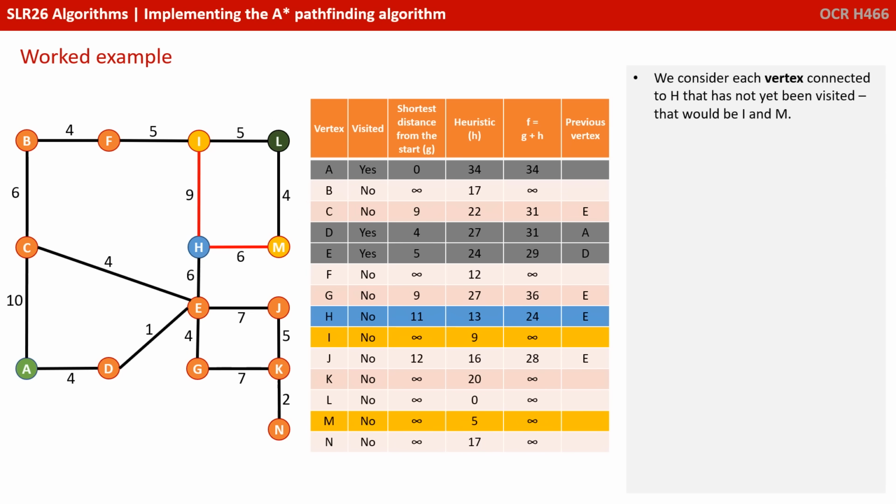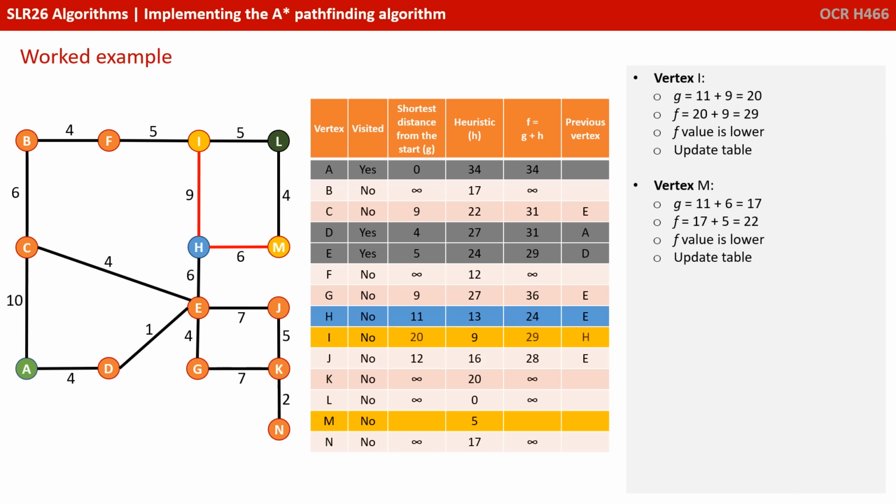We consider each vertex connected to H that has not been visited. That's I and M. We calculate the G values and then the F values. And again, in both circumstances, we see that the calculated F value is lower than the one currently being stored. So we update the table and set the previous vertex.